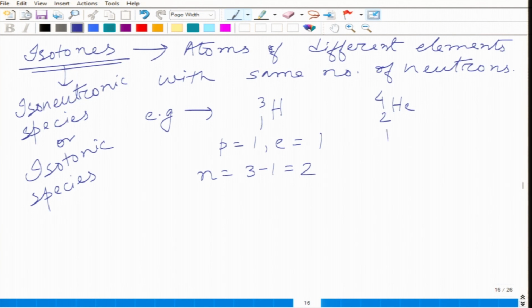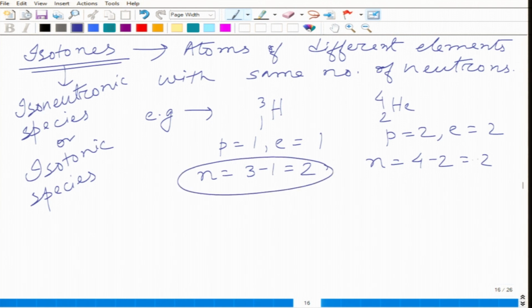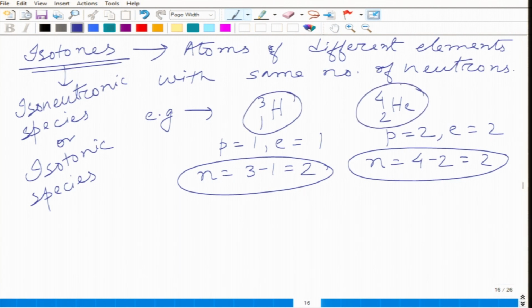And for helium, the number of proton and electron are 2 and the number of neutron is also 2. So, they have same number of neutrons. Therefore, tritium and helium are isotones.